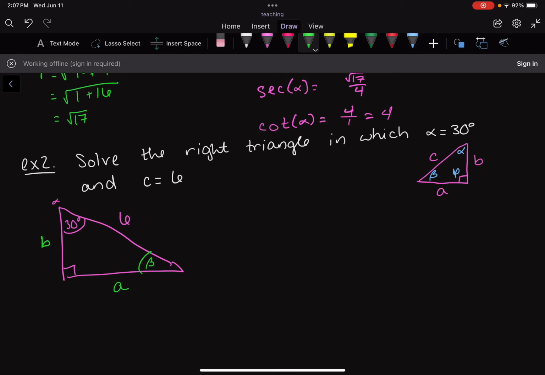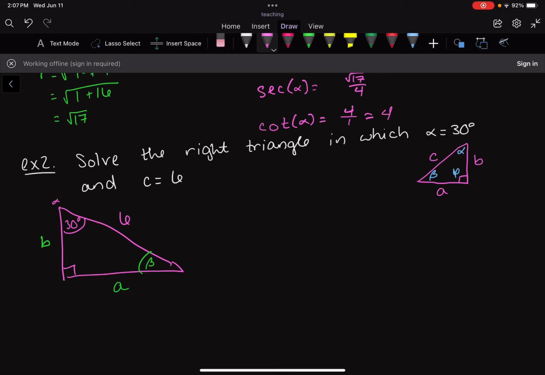You can switch where you put A and B. So when it says solve the right triangle, I'm looking for all my missing sides and angles. Of course I would like for you to pause and maybe try to do this on your own, and also try to think about what you would go for first. What would you try to get?